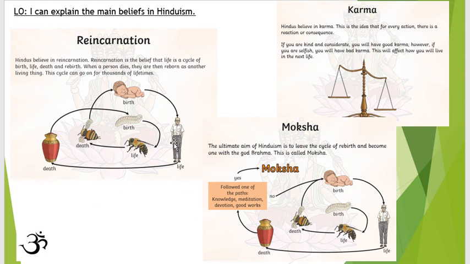So Hindus will try to live their life in a way that will cause each of their next lives to be better than the life before. So for example, a Hindu would probably want to stay as a human, so will try their very best when in their human form to live the best life they can so that they don't become something such as a plant.